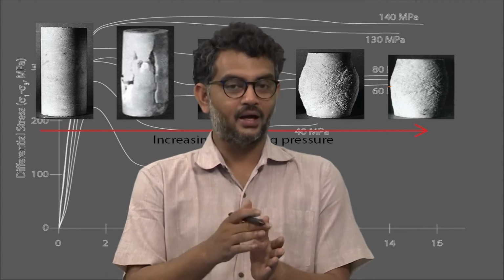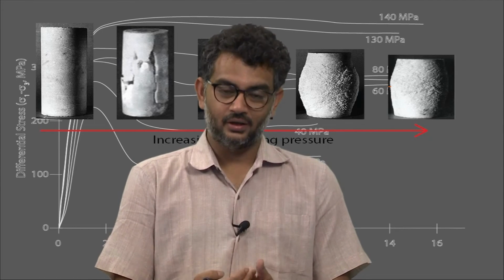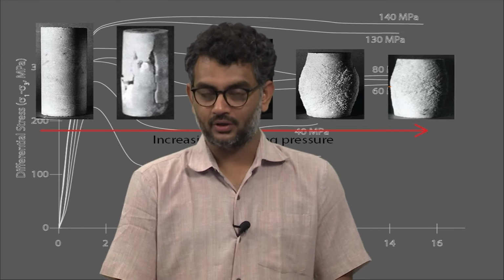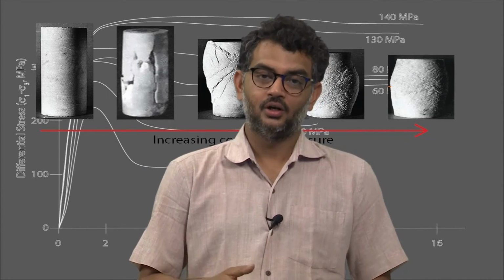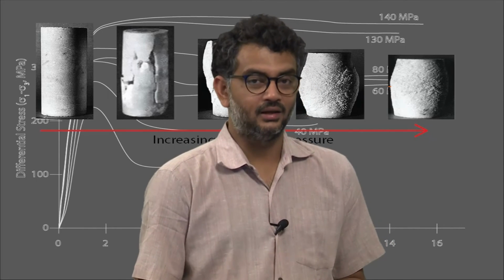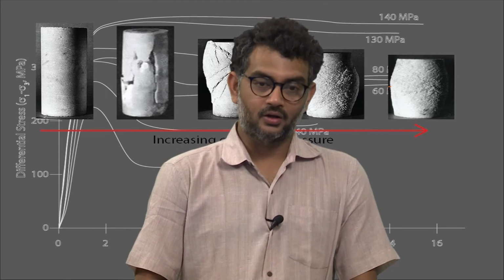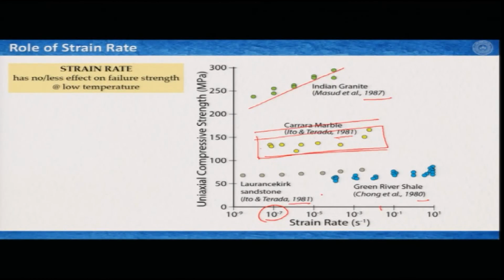So, strain rate at high temperature increases the strength, but at low temperature it hardly has any influence on the deformation of the rocks. This is most likely because at low temperature rocks behave in an elastic manner, and elasticity, we know, does not depend on strain rate. But we still see with some granites, for example, this Indian granite, and this kind of shale, the strength increases slowly, even with Carrara marble.